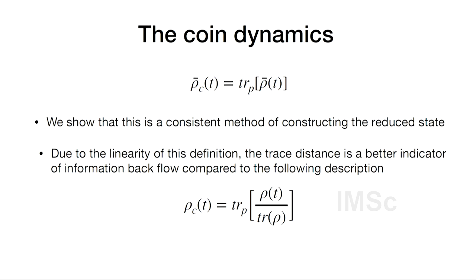Because remember, the non-unitary evolution will not preserve the trace, right? So at each point you have to divide by the trace, while in the first scenario, where we are using the metric formalism, you don't have to do that. So the first one is a linear operation, and the second one is nonlinear.